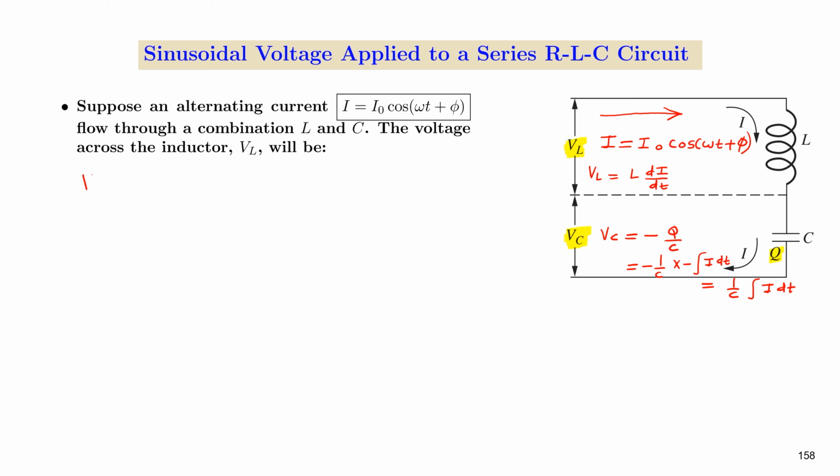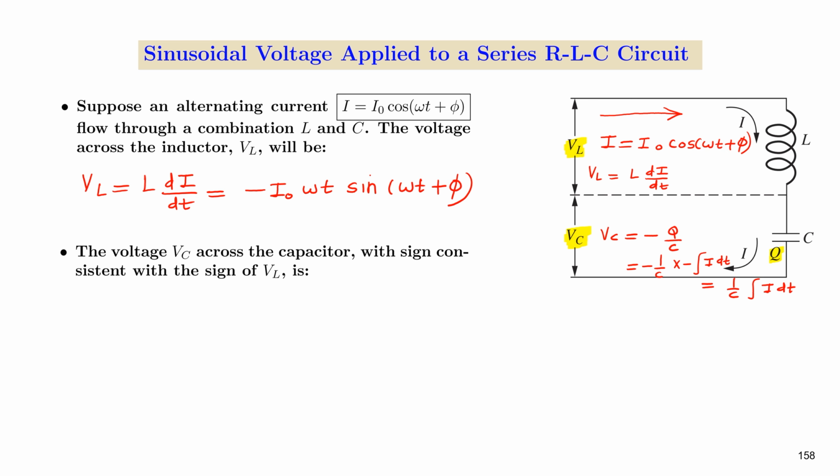That is, voltage across the inductor is VL equal to L times di over dt, and that is equal to negative of I0 omega sine of omega t plus phi. The voltage across the capacitor is Vc equal to negative of Q by C, that is 1 by C integral I dt.